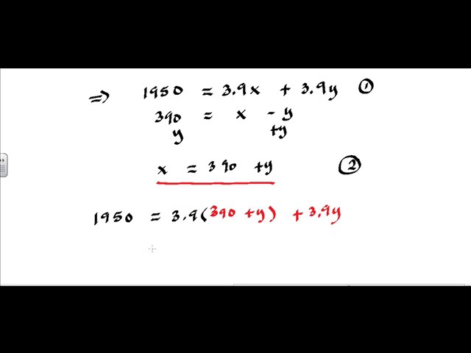Now I'm going to distribute this. I take 390 times 3.9, which equals 1521, plus 3.9 times y, which is 3.9y.